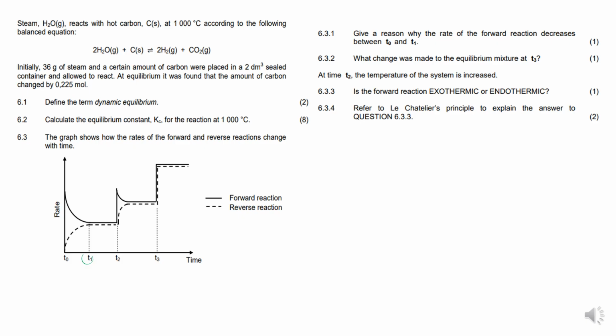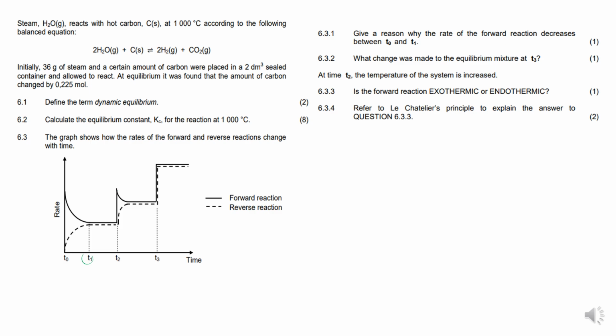How can we see that? The rate of the forward reaction has increased more than the rate of the reverse reaction, right? And this can either be an increase in temperature or pressure, we don't know. And then afterwards, around here, equilibrium is reinstated again.